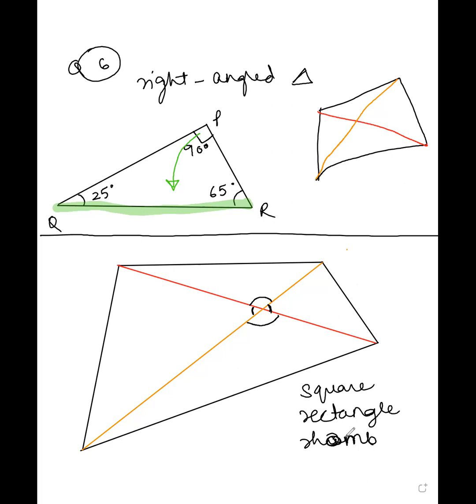Do you know what a rhombus is? No? Okay. Hiba, can you please tell me what is a square? Can you define a square? All the sides are equal and all the angles are 90 degrees. What is a rectangle? In a rectangle, all the sides may not be equal, but all the angles are 90 degrees.